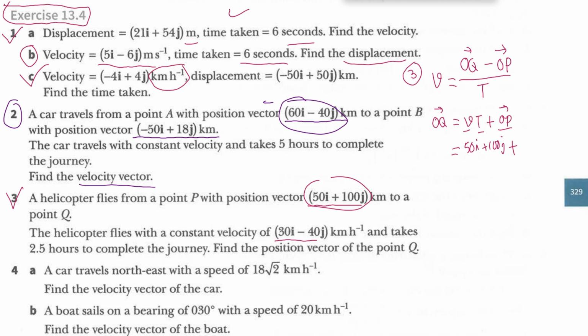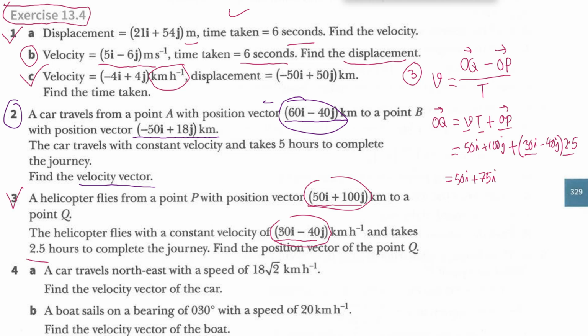Our velocity vector is given here as a constant velocity, 30i minus 40j, multiplied by its time, which is given here as 2.5 hours. So let's break this down: 50i plus, if I multiply 30 with 2.5, which gives 75i.